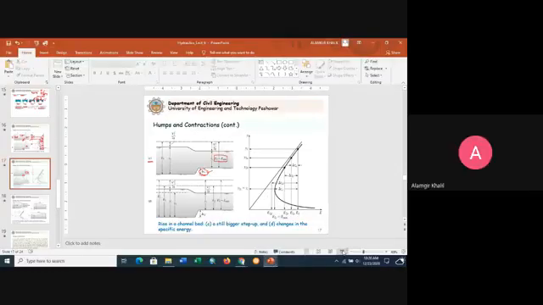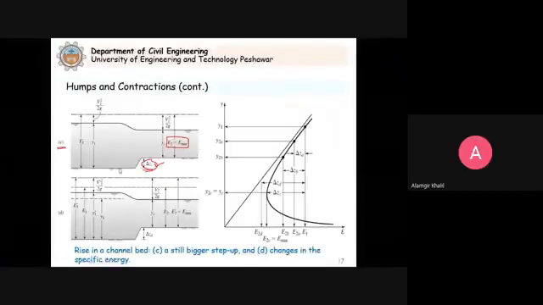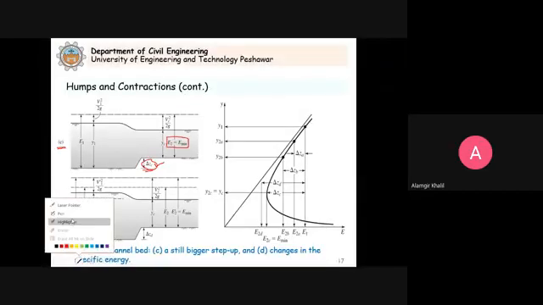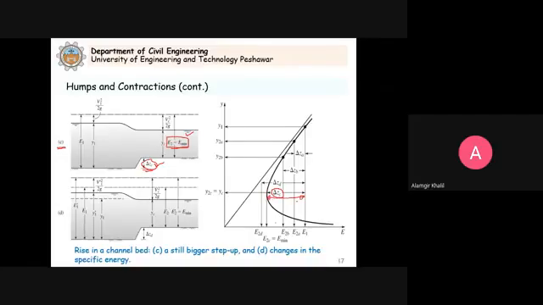Okay, now in this case you can see that we have this E minimum. So in this E minimum, E2 is equal to E minimum. We are coming to this delta ZC. In this delta ZC, the specific energy is reduced to the minimum.